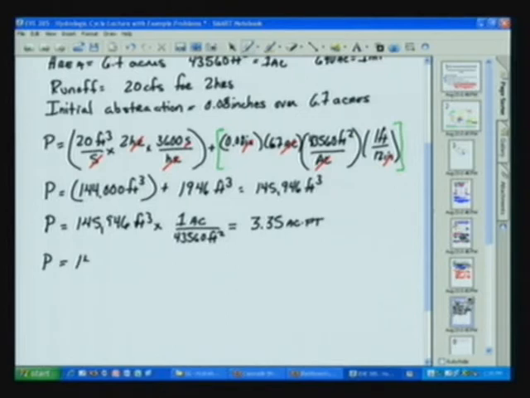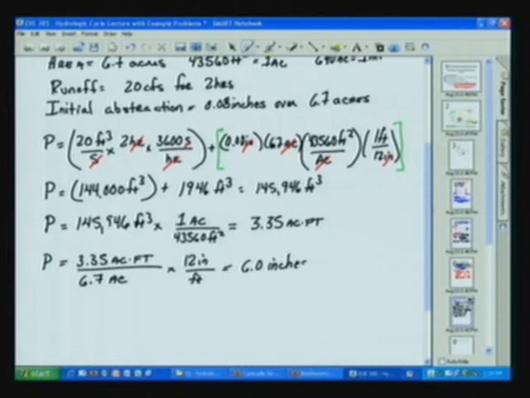If we divide that 3.35 acre feet by the 6.7 acres of surface area we're dealing with, and then multiply by the 12 inches in every foot, that's going to give us 6 inches. So we had a storm event of 6 inches on that 6.7 acres of parking lot.